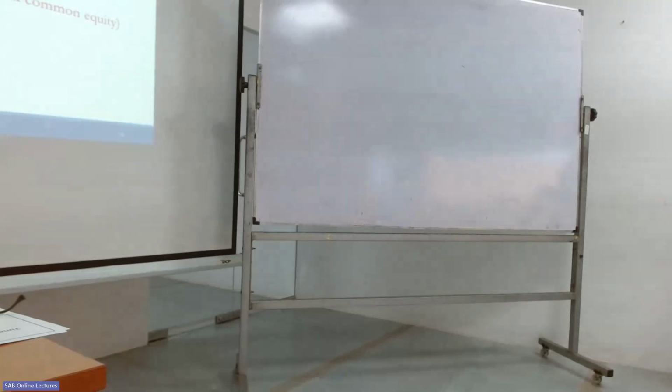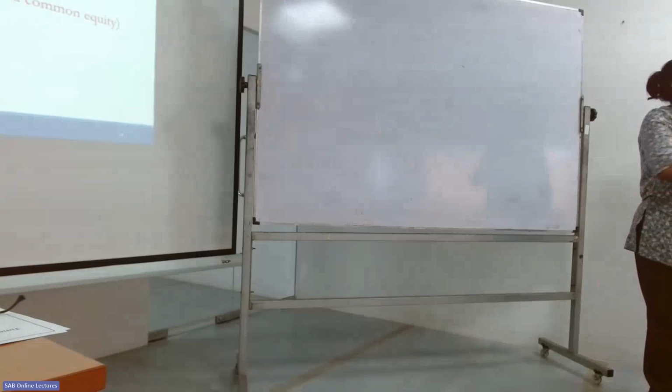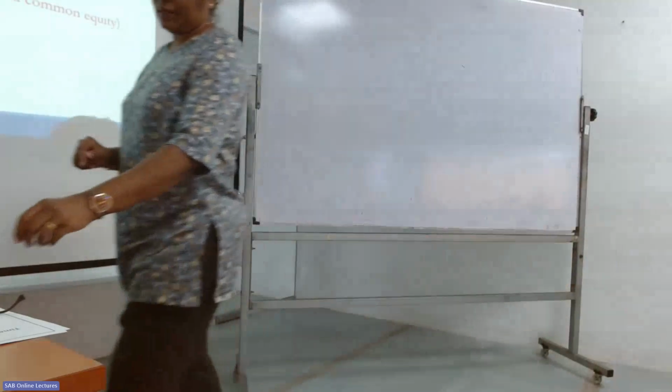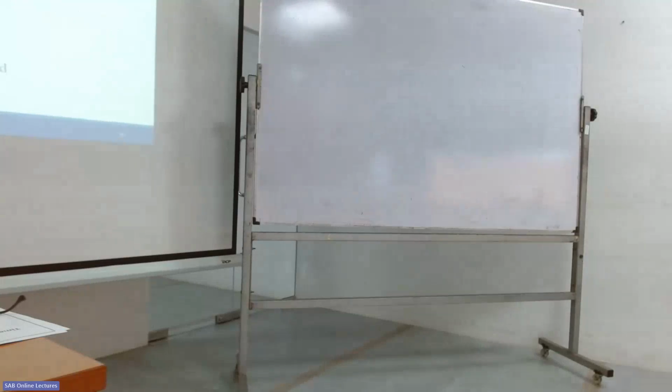We have to estimate the cost of internal equity as well as the cost of external equity. Are there any costs for the internal equity? Yes. That is actually the opportunity cost.